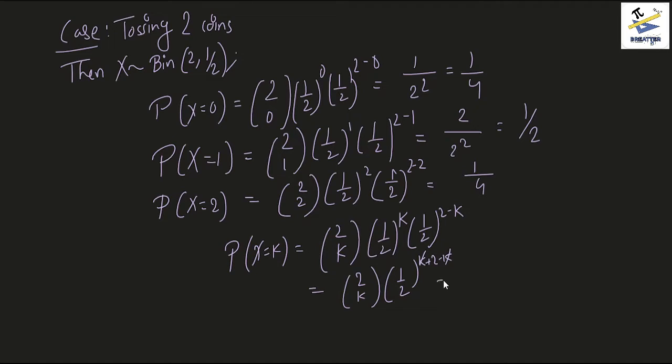So the k's cancel off and it becomes 2ck by 2 square, or in other words 2ck by 4. This is the expression for any k, and you can simply put k equals 0, k equals 1 and k equals 2 to find all the 3 probabilities, right?